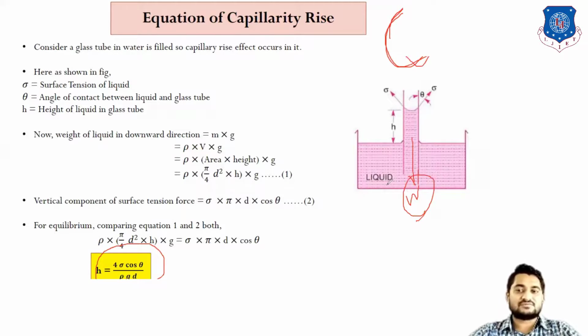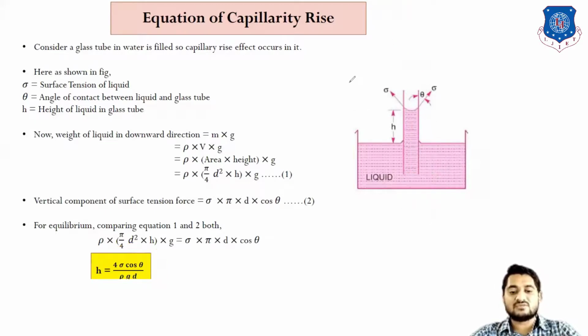For water, density is 1000 kg per meter cube. g is gravitational acceleration, generally we can take 9.81 meter per second square. D means the diameter of this glass tube. Clear? So this is the equation of capillary rise.